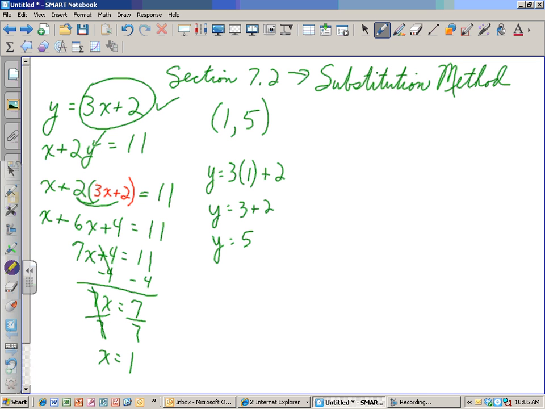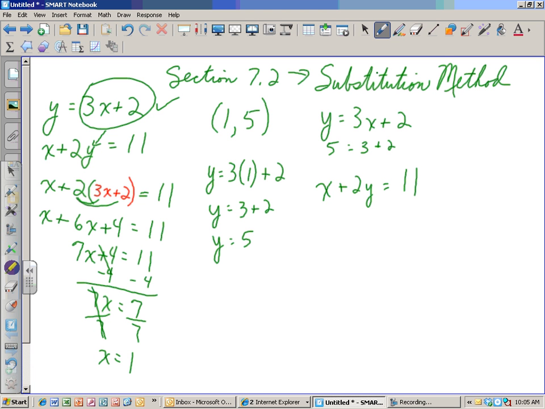The original equations: y equals 3x plus 2, and x plus 2y equals 11. My solution is 1 and 5. So if I put in 1 for x, 3 times 1 is 3, 3 plus 2, yes, y is 5.